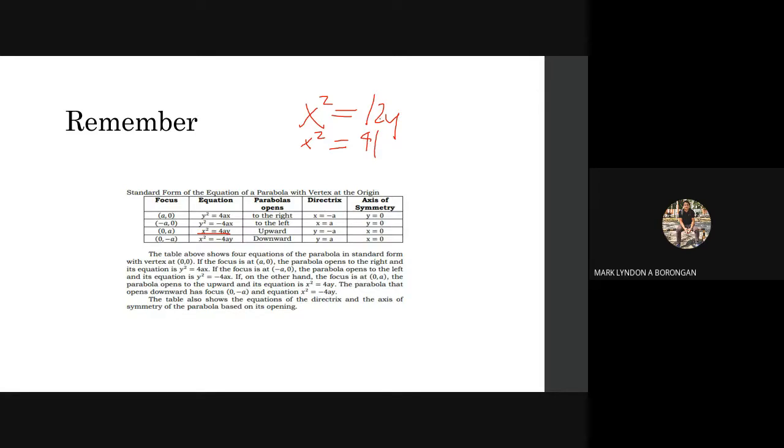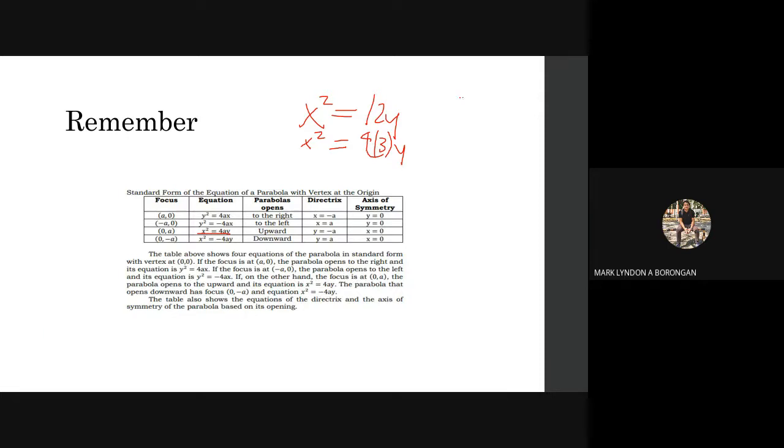To make it 12y, 12 divided by 4 is just 3. If we multiply 4 times 3, we go back to 12y. This means that our a here will be 3.